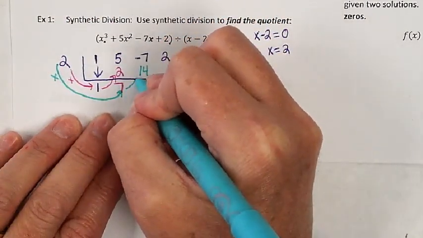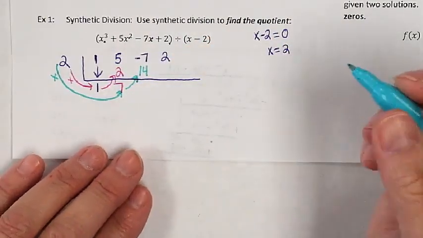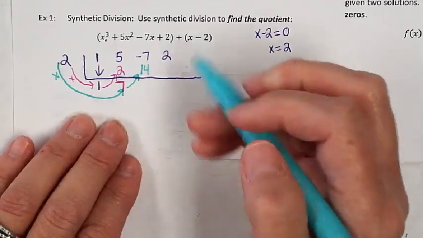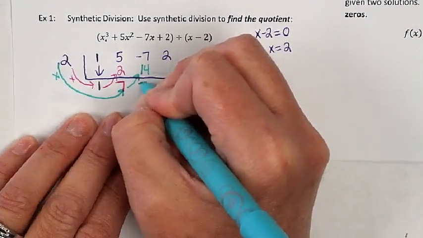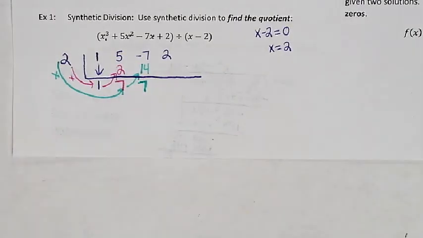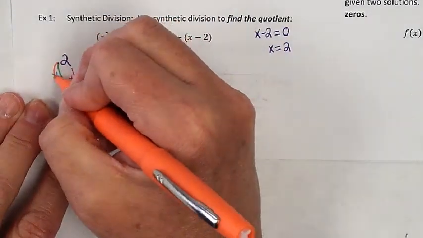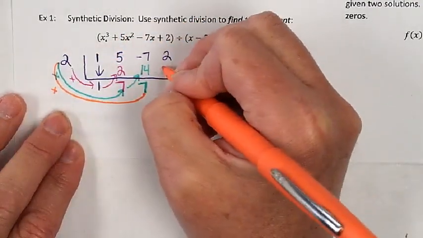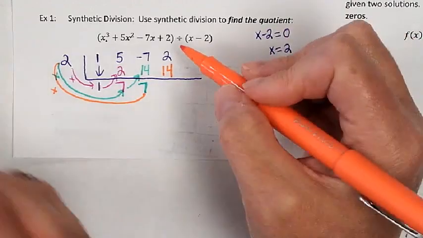Now we're going to add down. Negative 7 plus 14 is 7. We'll have to do it again. 2 times 7 is 14. Add down. 2 plus 14 is 16.